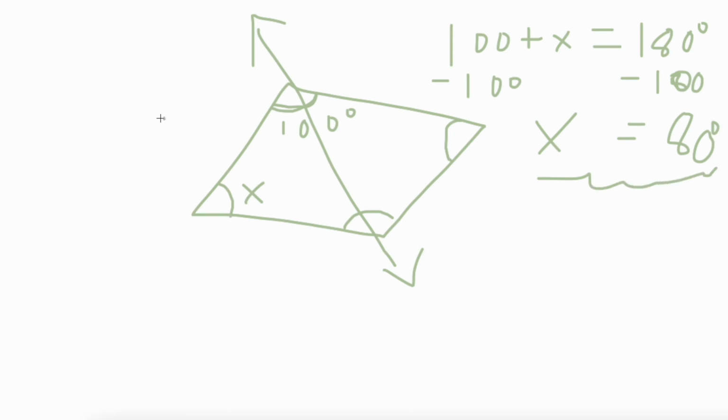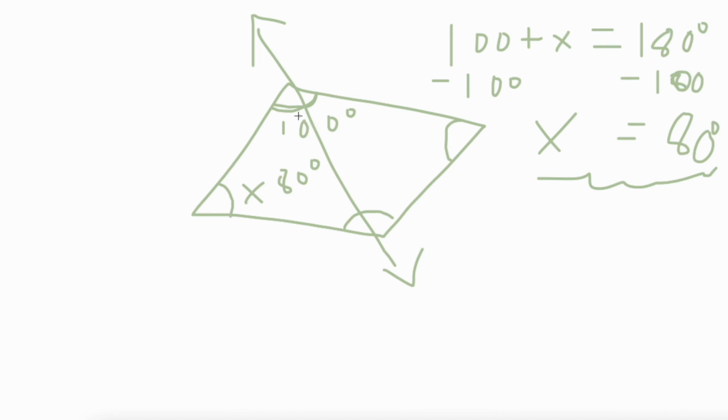So I would know that X is equal to 80 degrees, as they are same side interior angles, and because the property of parallelogram states that they are supplementary.